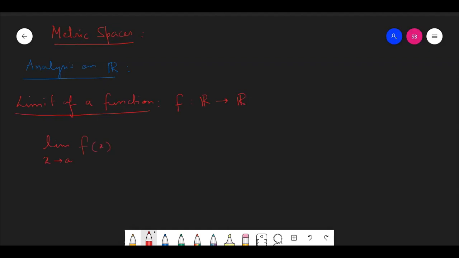So what is this? This might exist, may not exist. If it does exist, then it is equal to some real number L. So if there exists some L such that we say this to be L, then we call that the limit of this function at the point a exists, or if not, then it doesn't exist. So when this is equal to L, what is the definition of it? So the definition is as follows.